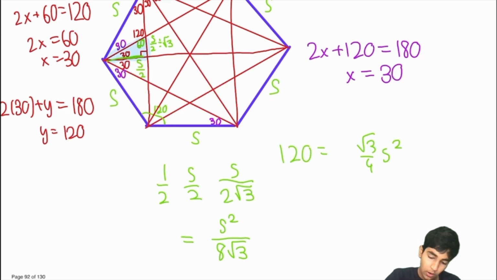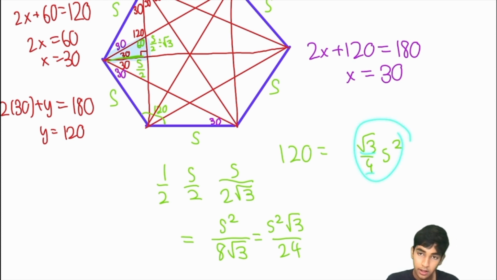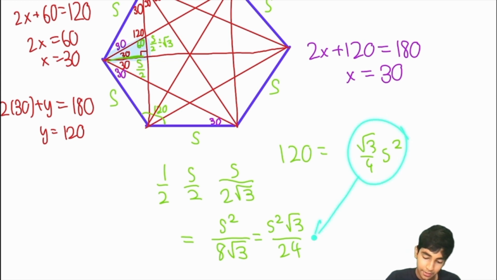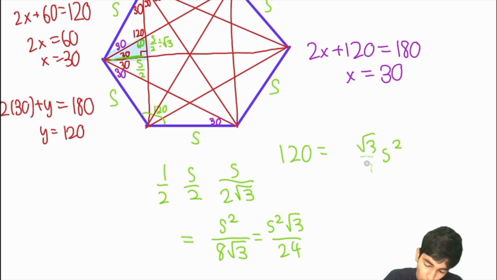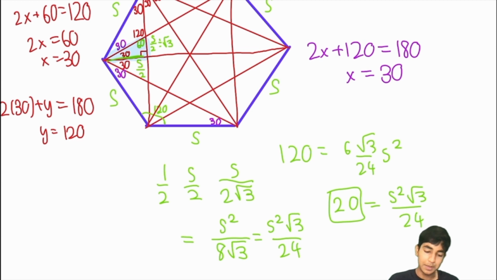But we're looking for s squared over 8 root 3, which, if we multiply by root 3 in the numerator and denominator, gives us s squared root 3 over 24. S squared root 3 over 24, s squared root 3 over 4. That's just going to be 6 times bigger than this, because we can rewrite the 1 over 4 as 6 over 24, which gives us, when you divide by 6 on both sides, 20 equals s squared root 3 over 24, and 20 is going to be our answer.